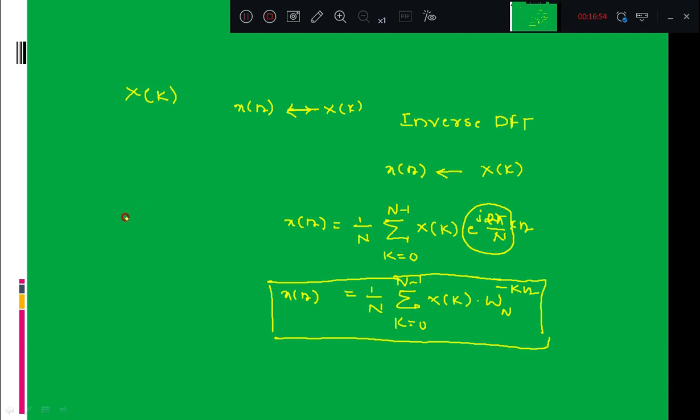Similar to the sequences x of n and X of k, this complex quantity W_N is also a sequence which consists of complex values, and these complex values can be located over a unit circle having radius equal to 1, right?